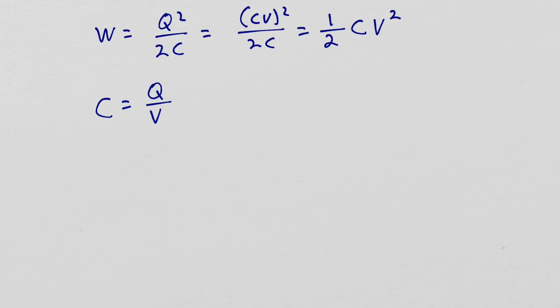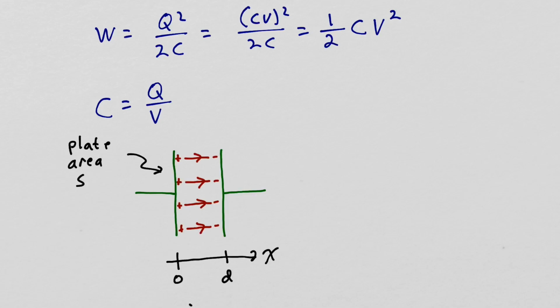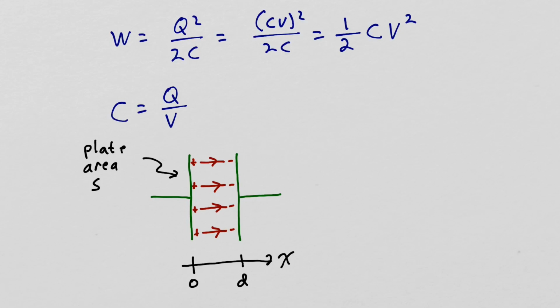Let's look at a parallel plate capacitor of plate area S, plate separation D, and a voltage of V across it. We are going to ignore fringing fields. So the capacitance is the absolute permittivity times the area of the plates over the spacing between the plates.